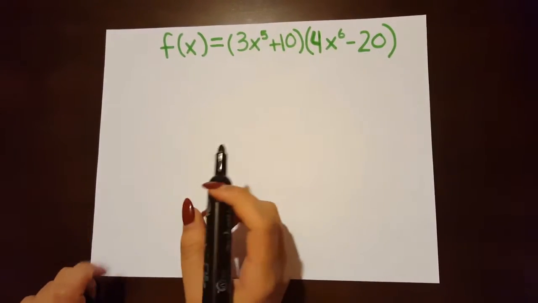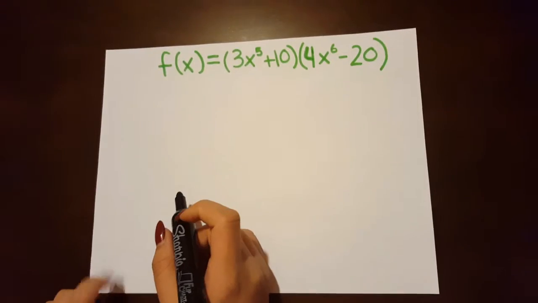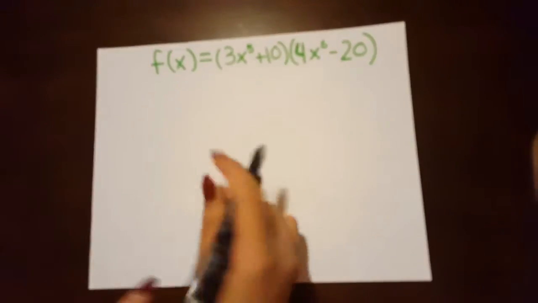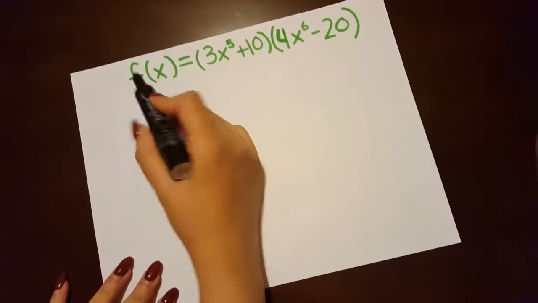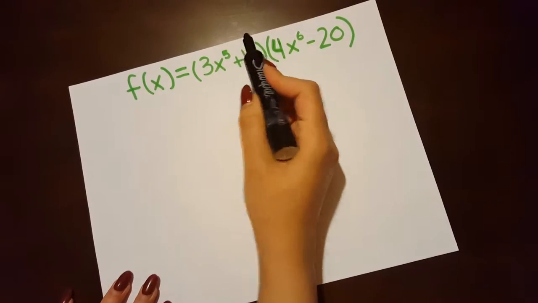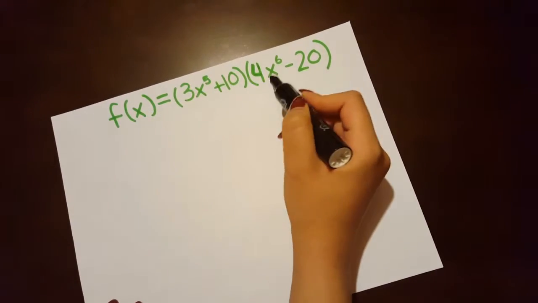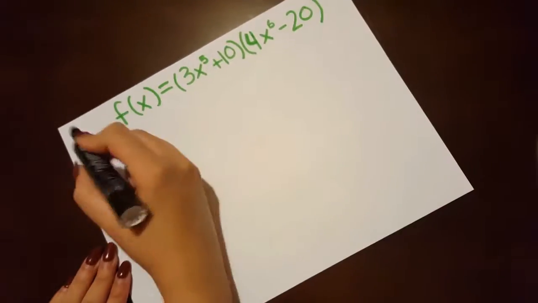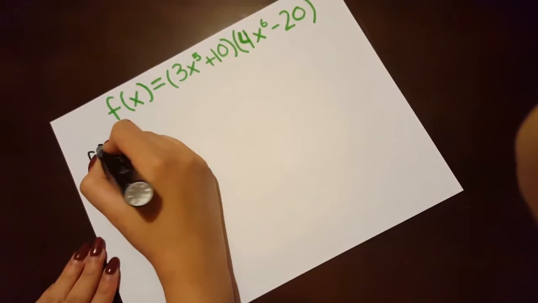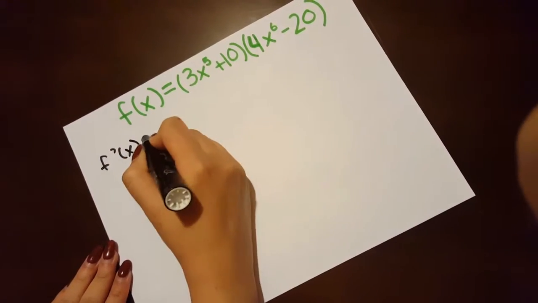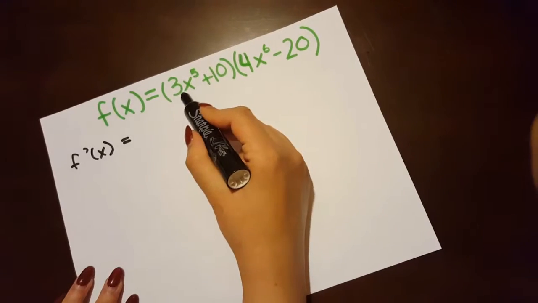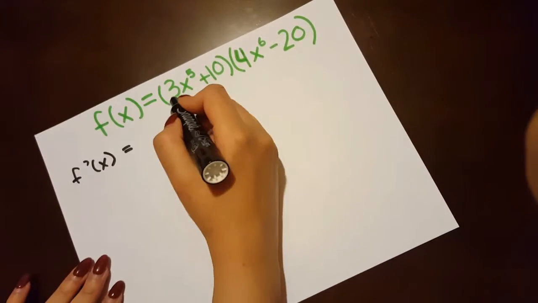Okay, so now that we know where it comes from, let's try a slightly harder example. So if we have f at x equals 3x to the power 5 plus 10 times 4x to the power 6 minus 20, how would we find its derivative? So we know that we need to find the derivative of this first, just to start off.